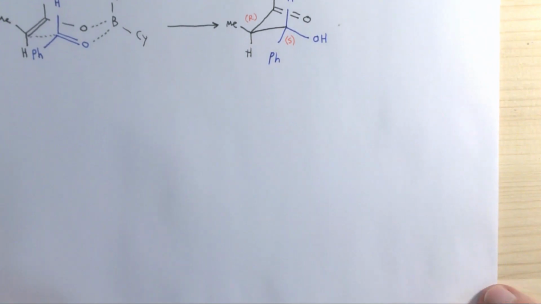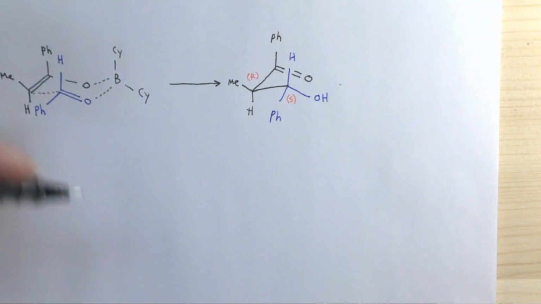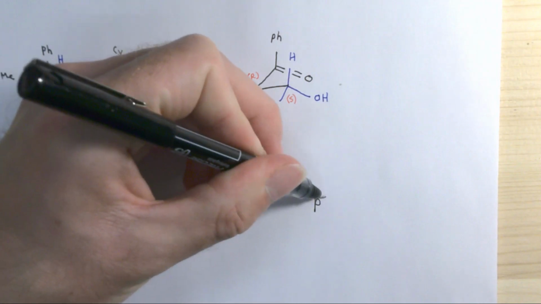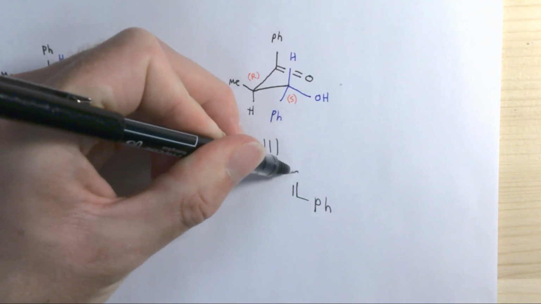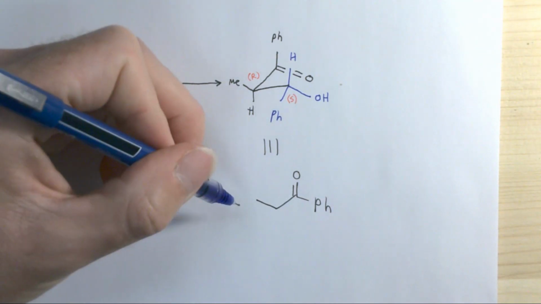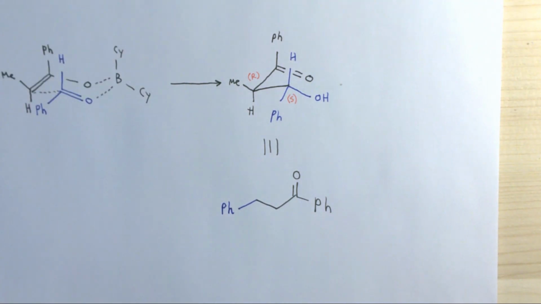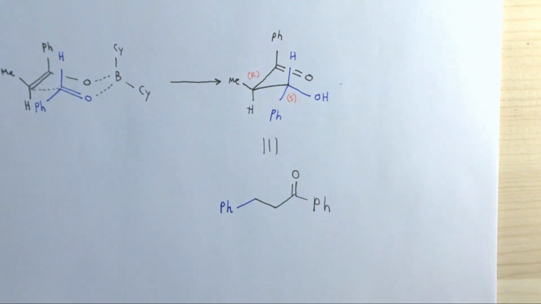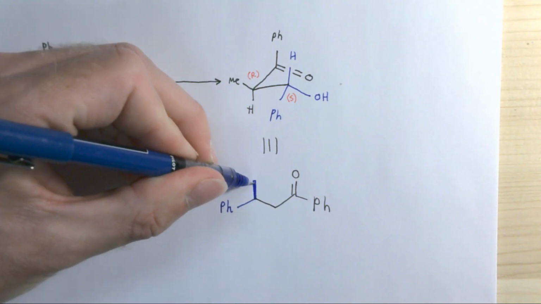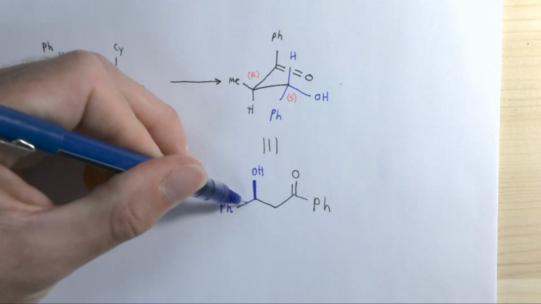Let's go ahead and translate this into product. So once again, I'm going to start by drawing my ketone over here. And my phenyl group of the aldehyde is going to be here, and I need to decide, is the OH on a wedge or a hash? And I can already tell it needs to be on a wedge if I'm going to get the S configuration. And you can see here, I'd go from OH to phenyl to chain.